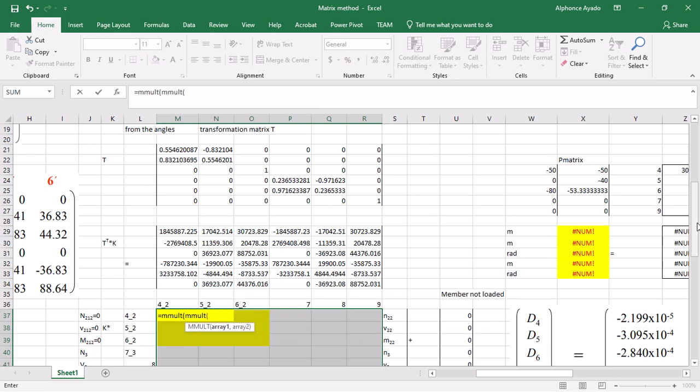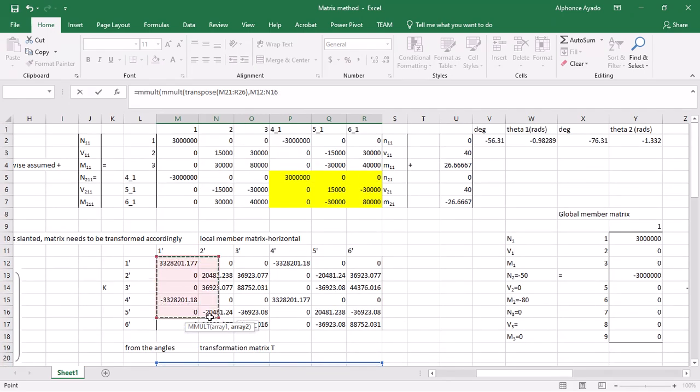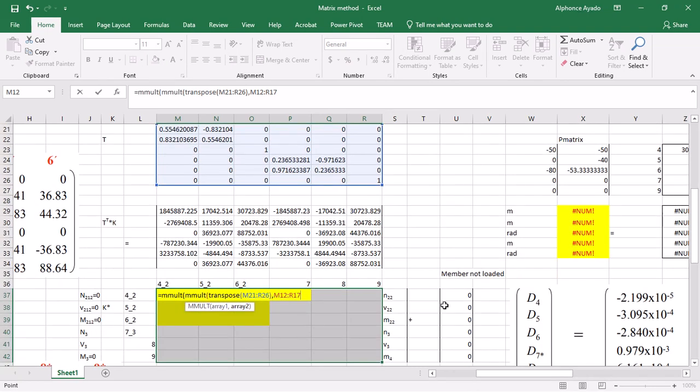First you have to multiply the MMULT of the transpose of this. So you multiply the transpose and now the K matrix. So you finish multiplying that.